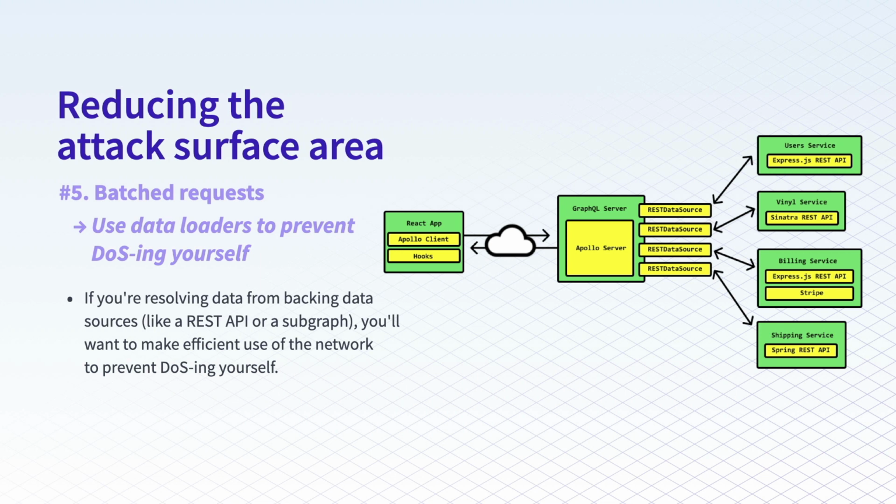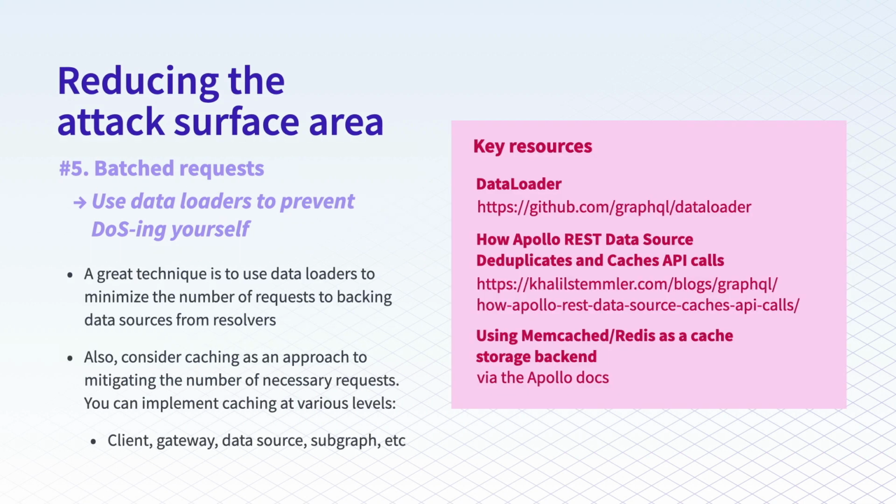The other thing that comes up with batching requests is the fact that we may actually unintentionally DOS ourselves. If you're resolving data from a backing data source, like a RESTful API or a subgraph, you'll want to make efficient use of the network to prevent DOSing yourself. One technique is to make use of data loaders. This is a tool that minimizes the number of requests to backing data sources from resolvers through batching and caching.